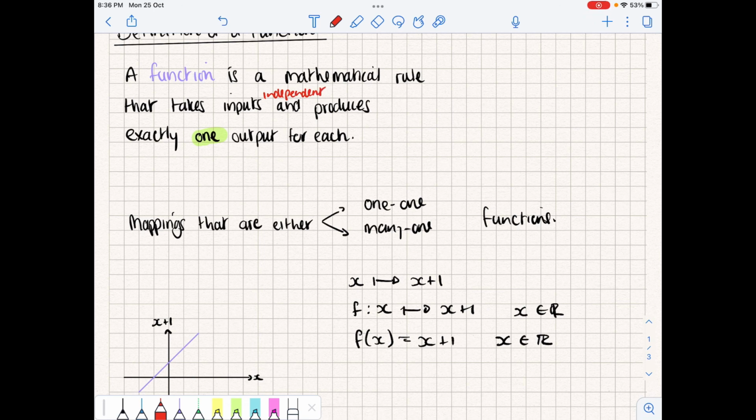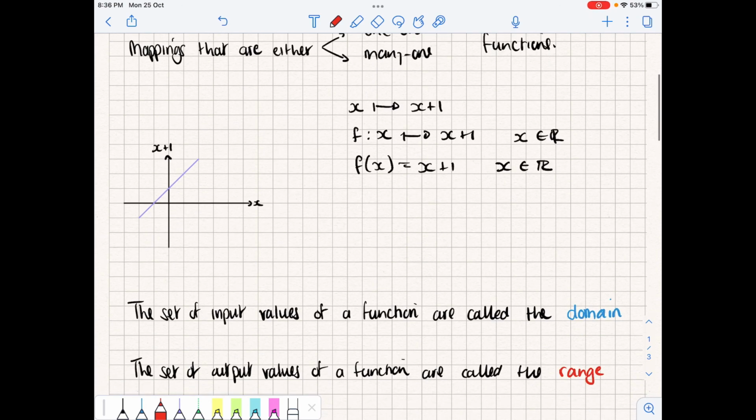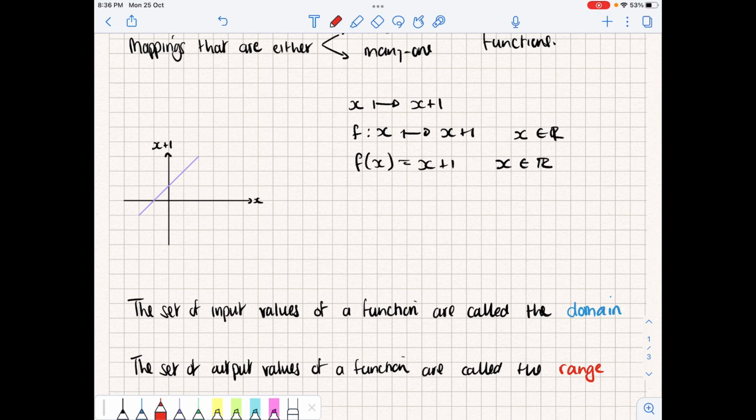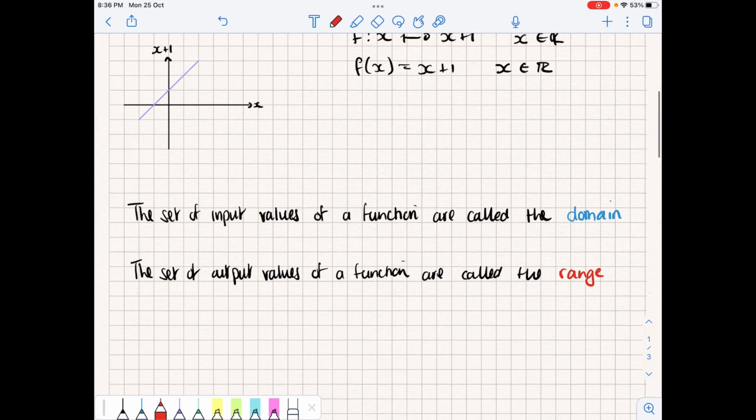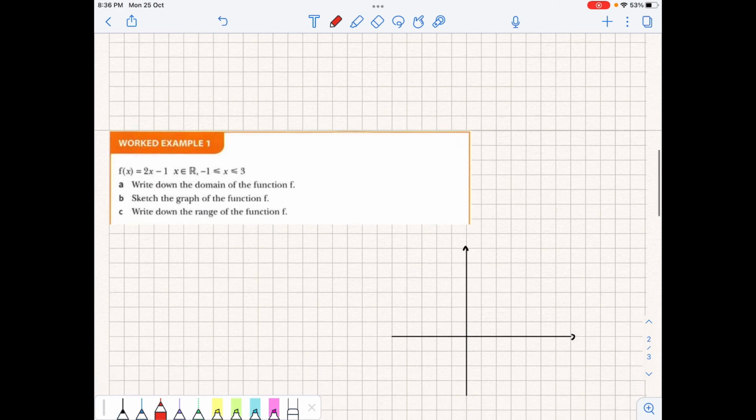We take a variable, put it into a mathematical rule, and the output is dependent on whatever we put in. So therefore, the domain is the input, it's independent, and the range is dependent on whatever the input value is. So let's explore this concept with an example.